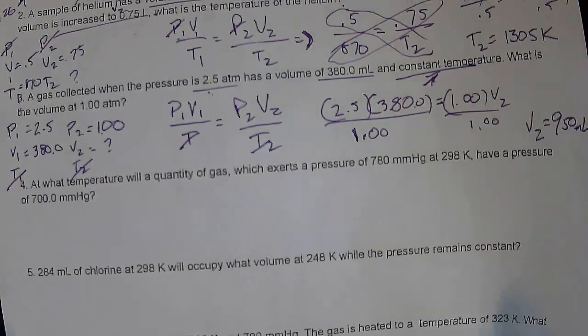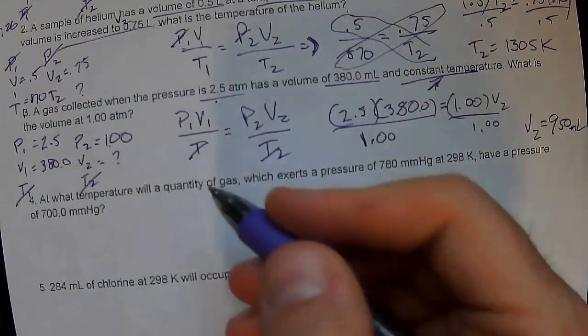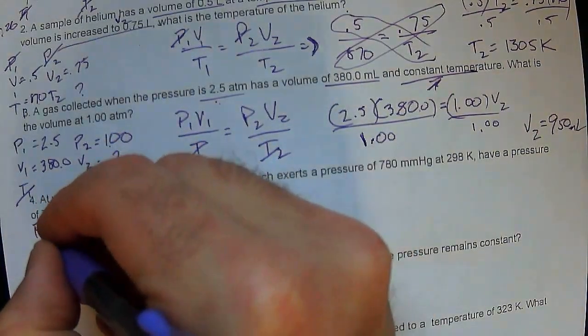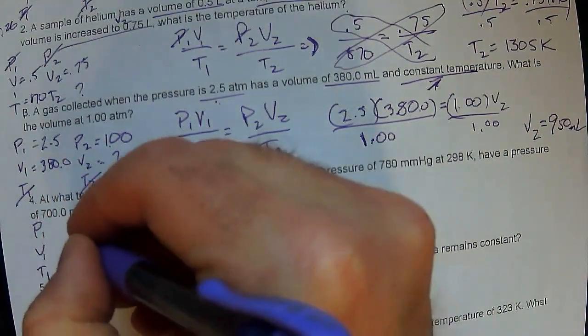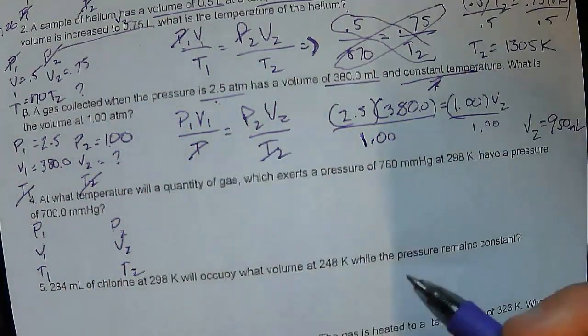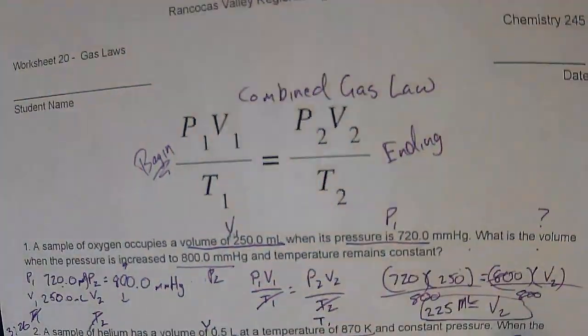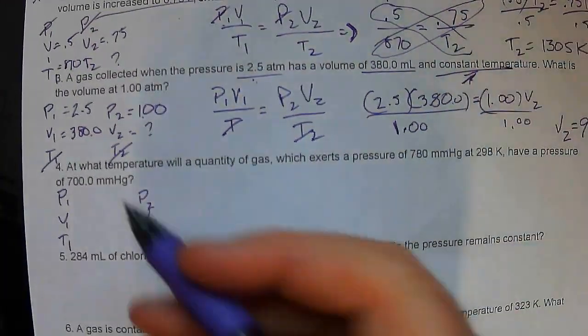Okay, so here we go. At what temperature will a quantity of gas? So let's see, P1, V1, T1, P2, V2, T2. Again, we're just putting in the parts of the combined gas law.